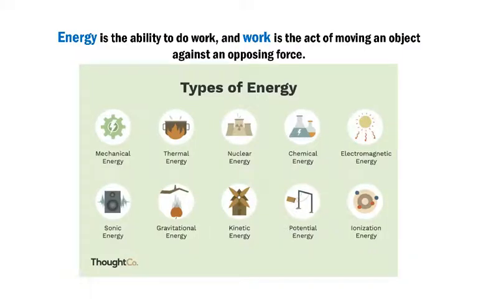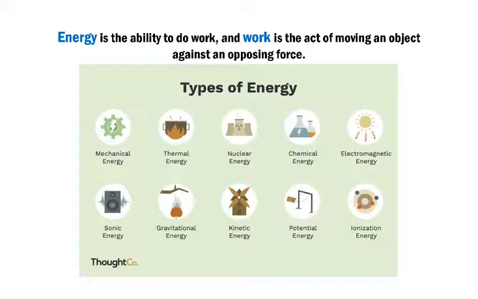Up next is energy. Okay, the definition for energy has never been very satisfying to me, but it's the best that we have for now. Energy is the ability to do work. This is one of those points where words we use in everyday life and words we use in science may have slightly different meaning.